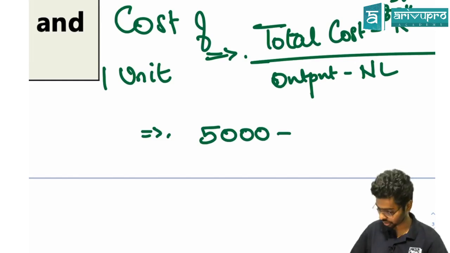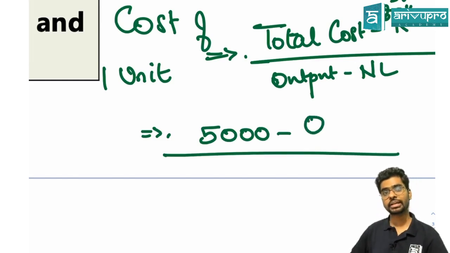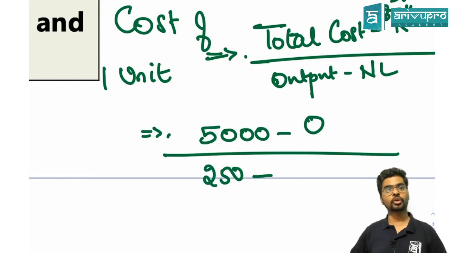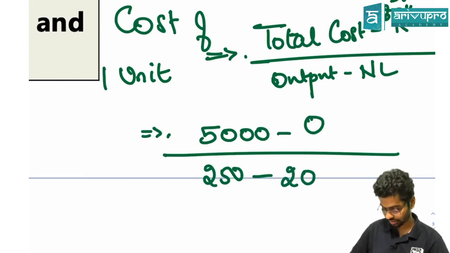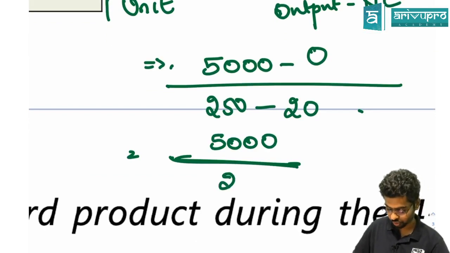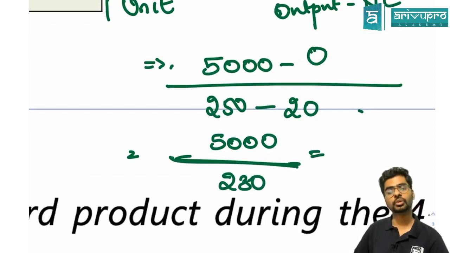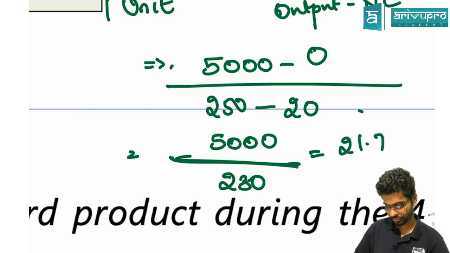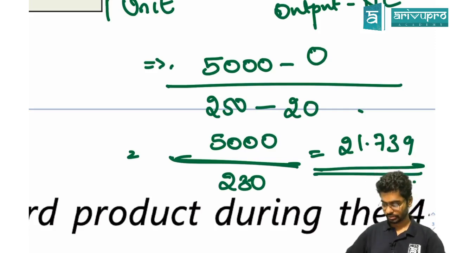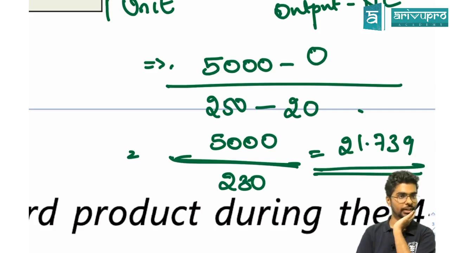So I'll write it as 0. What should have been my output? Correct, 250. What is my normal loss? 20. Therefore, 5,000 becomes my cost of 230 units. Did you understand this? This is when it is a normal loss. Are you clear?